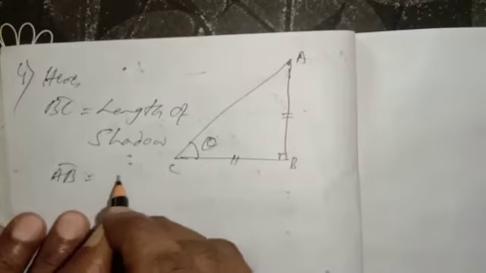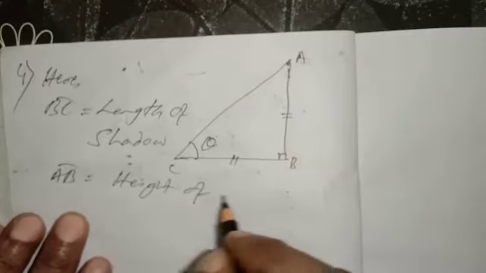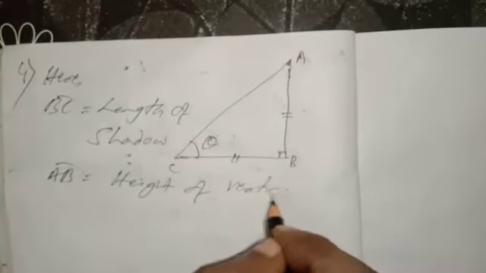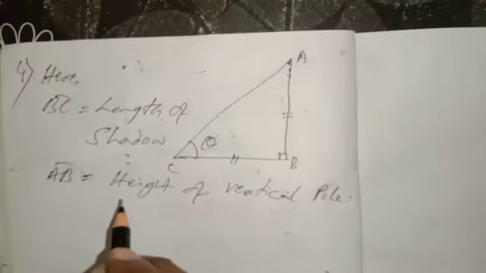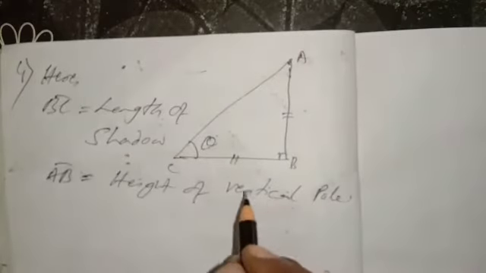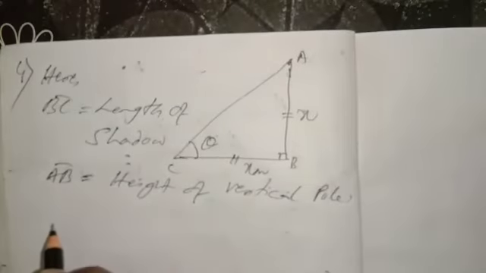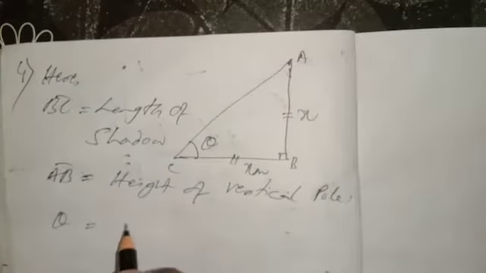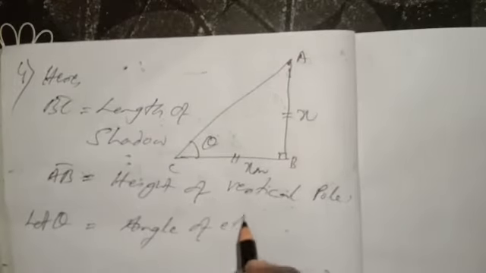The height of the vertical pole and the length of the shadow are both equal. Let that be x each. Now theta is equal to the angle of elevation.